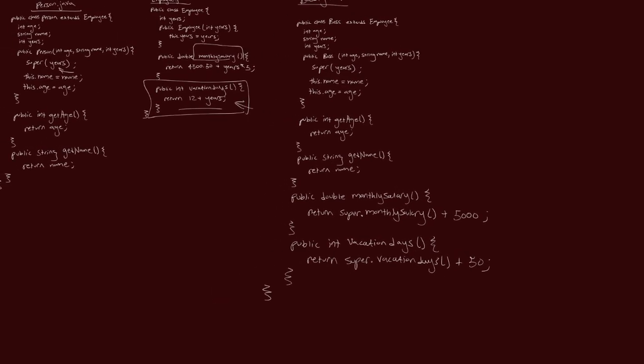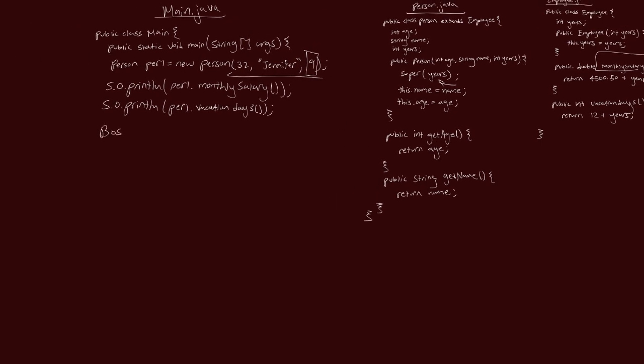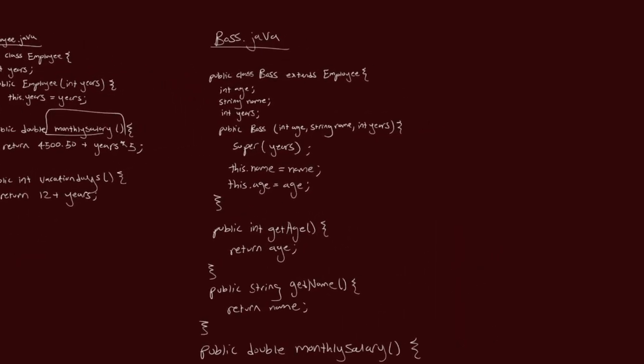So that's done, and then we can call in our boss. Let's say his name is Tim, and he's working at the company for 26 years. Then you can get his monthly salary. This is what's going to happen. We pass in 26, so we go to our boss class.